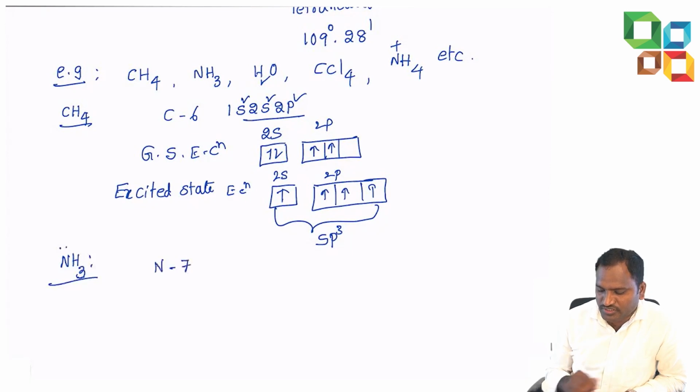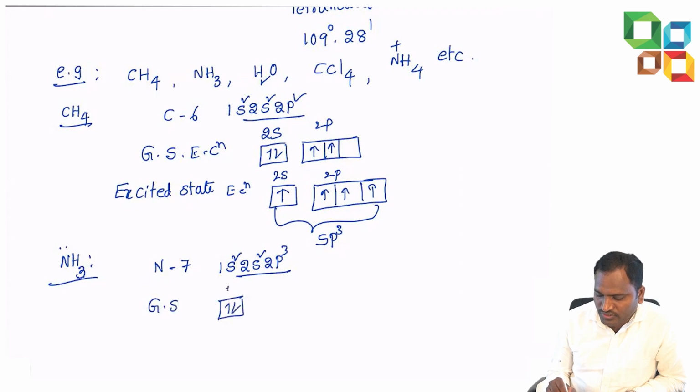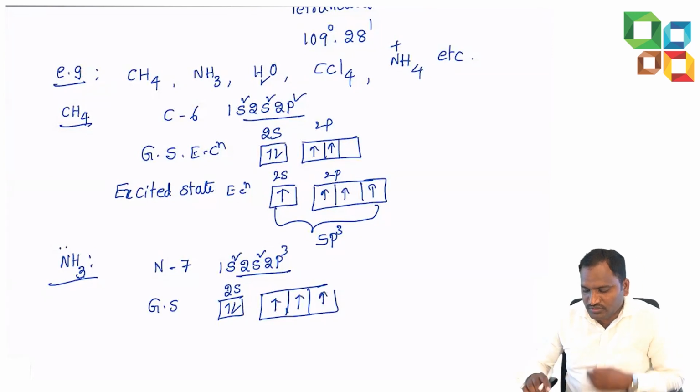Its atomic number is 7. Electronic configuration 1s2, 2s2, 2p3. So the valence shell is the second shell, containing 2 electrons in the 2s orbital and 3 electrons in 3 orbitals of 2p.